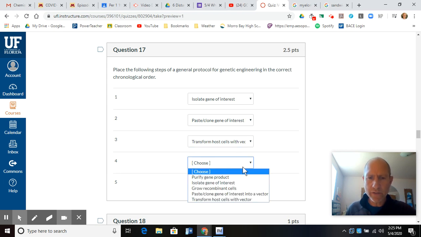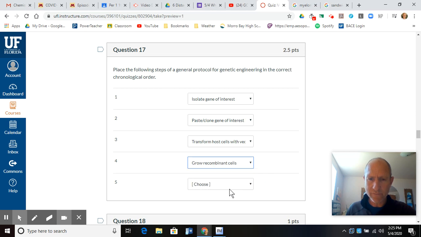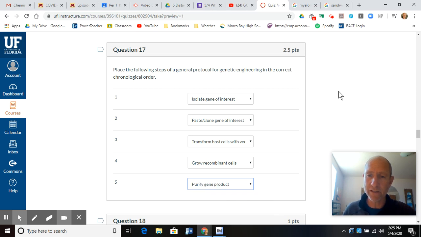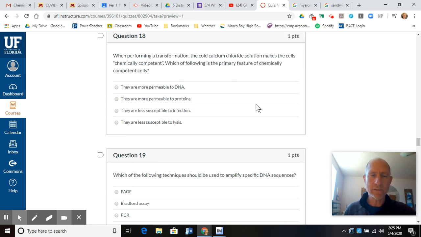Next, we're going to grow those recombinant cells. And then we're going to murder them, and we're going to use chromatography to purify that product of that gene. Boom, like that.